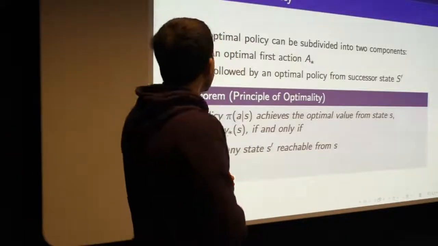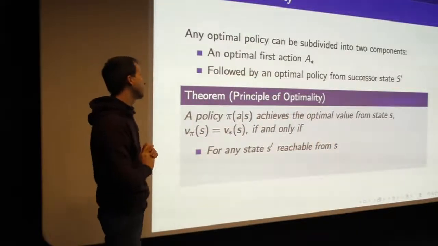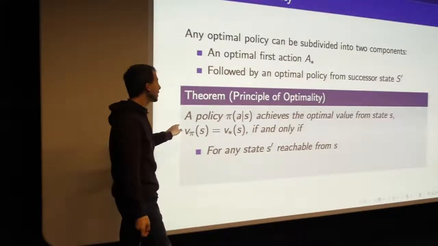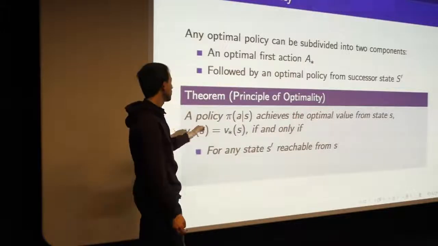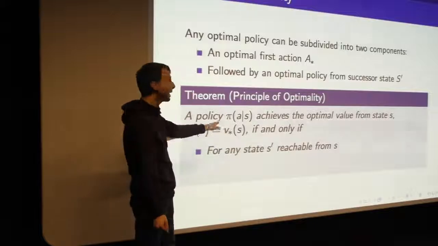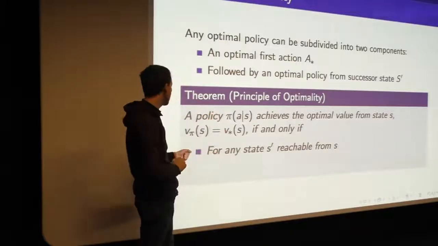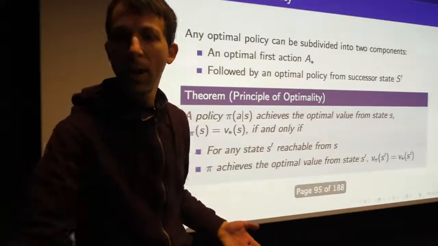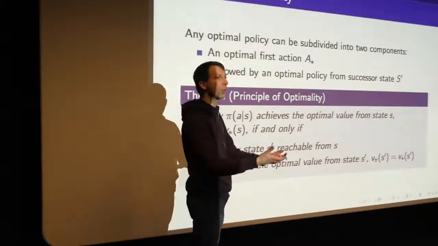So this gives us a theorem, the principle of optimality for policies, and the way to think of this is just a formalization of exactly that intuition. It says that a policy achieves the optimal value from any state S. In other words, the value of that policy is the optimal value function from state S. So this policy really does get the maximum juice out of our MDP if and only if, for any state that we can reach, the policy that we follow is optimal from that state onwards.